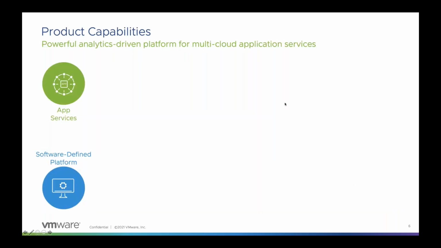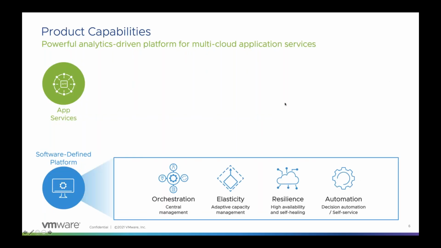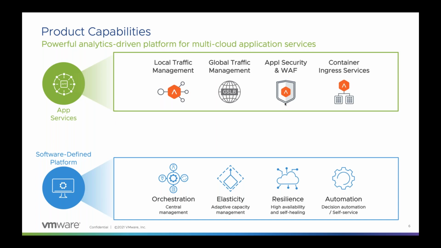So coming to a summary of the product capabilities, as I just mentioned, this platform or the fabric which we provide provides for all of these key aspects, such as orchestration, resilience, automation, and elasticity. And we do that across all the 4 pillars or 4 use cases which we see for application delivery.